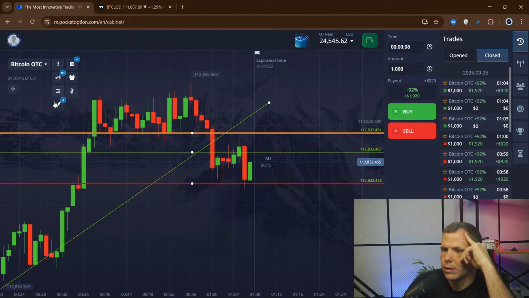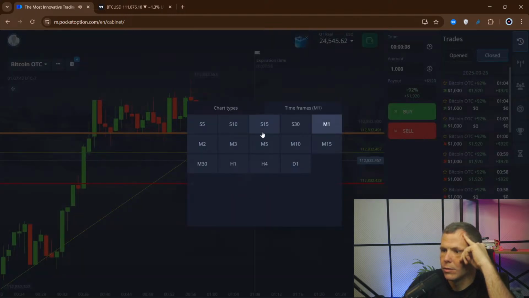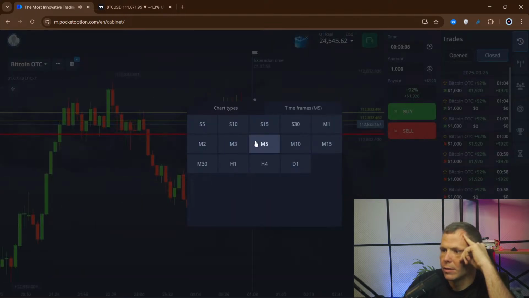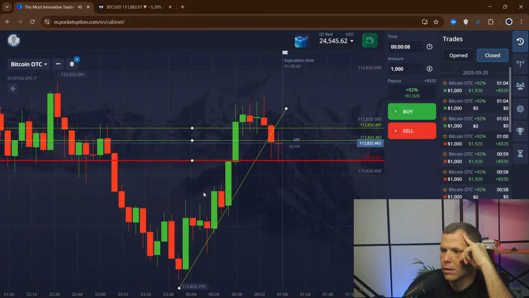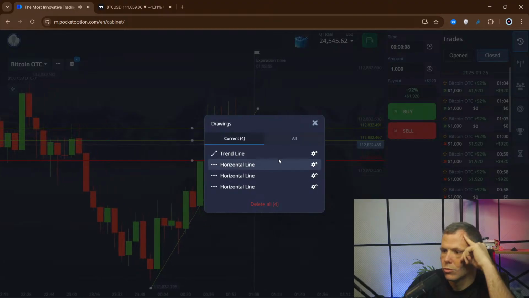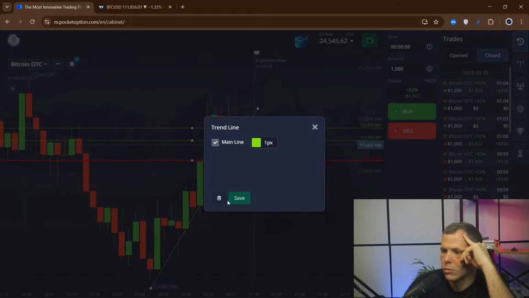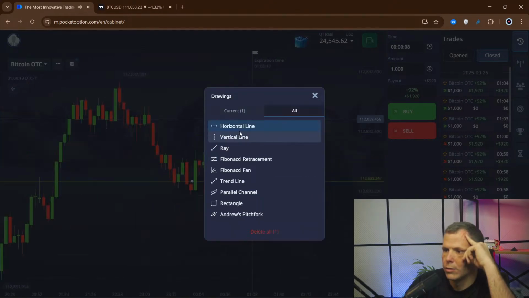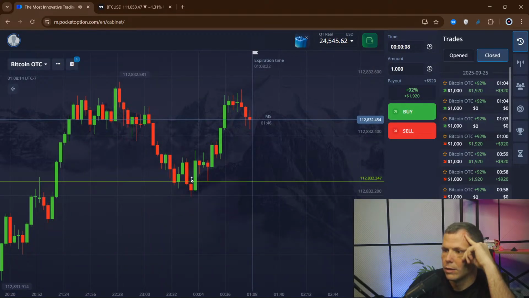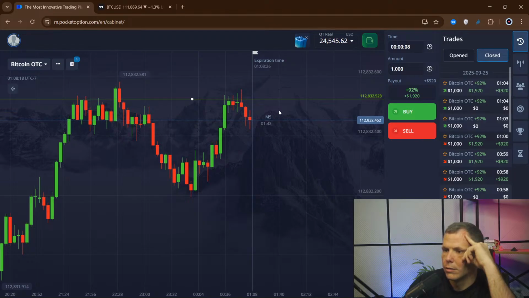So let's do this. I'm gonna go to the 5 minutes, and I'm gonna clear out these drawings. I just want to trash it. Going to do the horizontal line. This is going to be our resistance level, which is good.